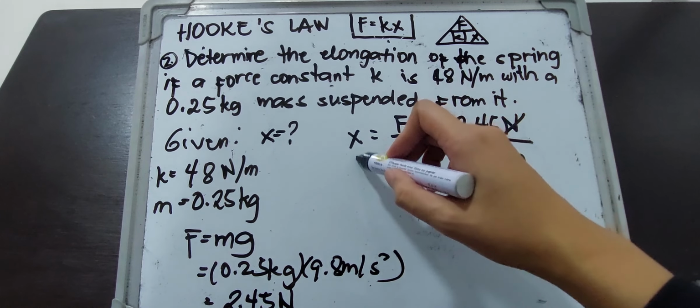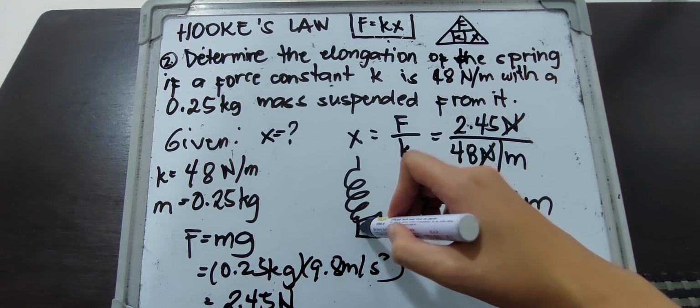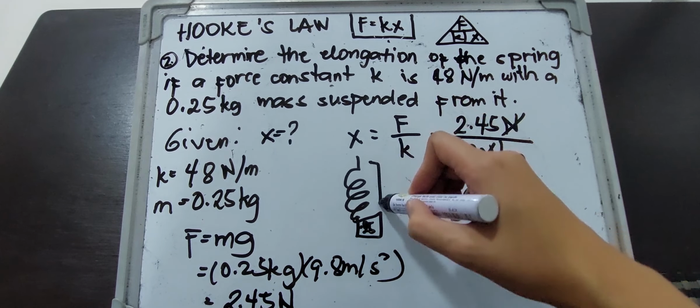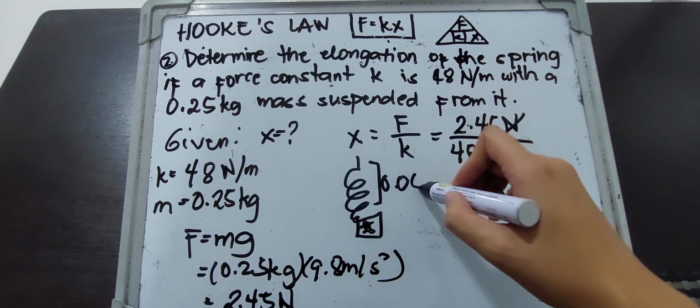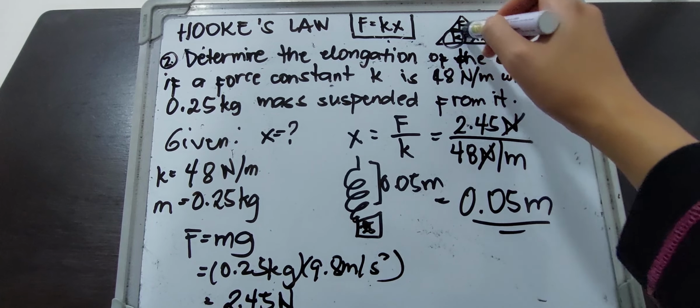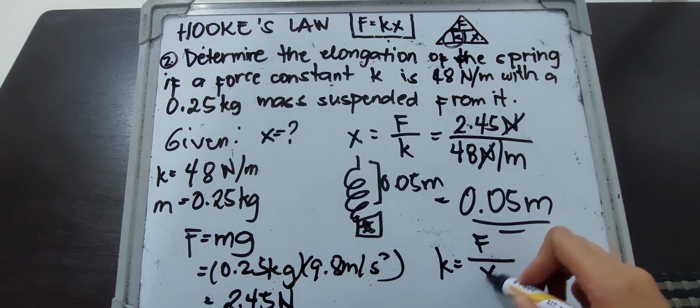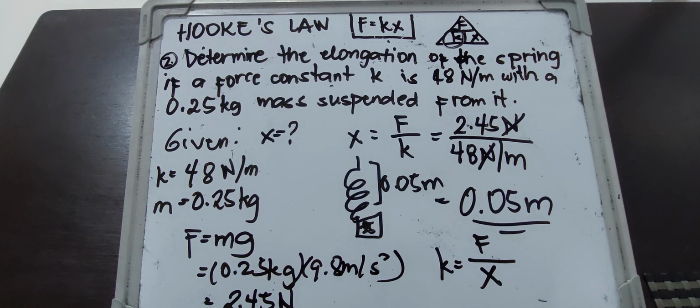It means that the spring with a mass of 0.25 will stretch at 0.05 meters. Okay, so ganun lang. Pag naman springs constant ang hinahanap, ang ating formula lang is F divided by X.